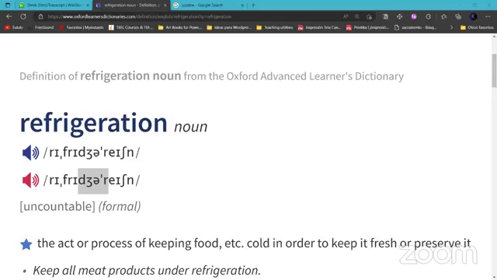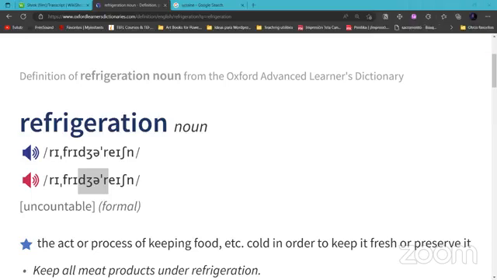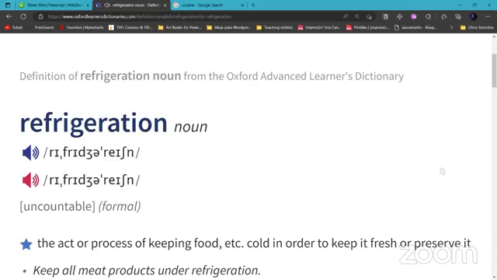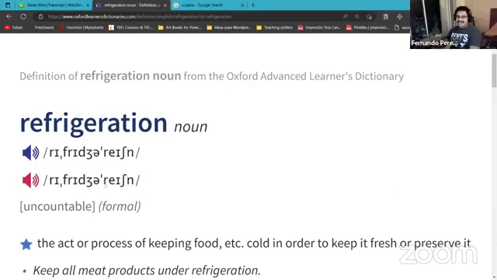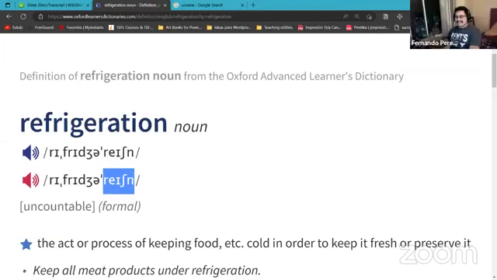Refrigeration. Ration. Two syllables. Exactly.